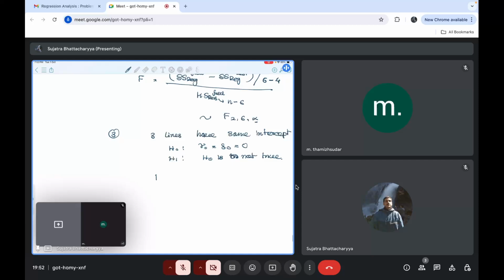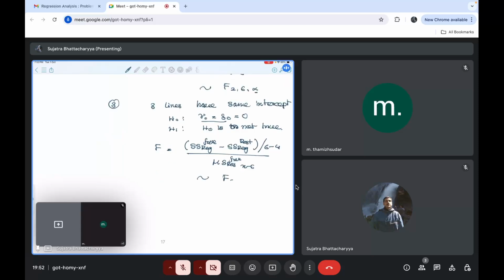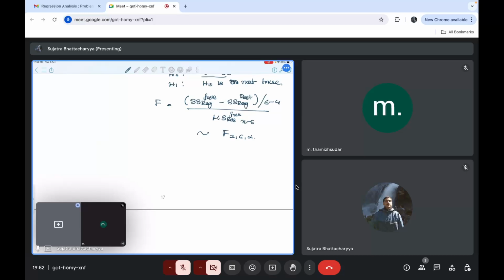So again, this will be same: regression of full, this is regression of restricted, divided by again 6 minus 4 because 2 are not here, and MS residual for the full, that is n minus 6. So it will be F again 2, 6 and alpha. Alright, so this is how it has to be done.